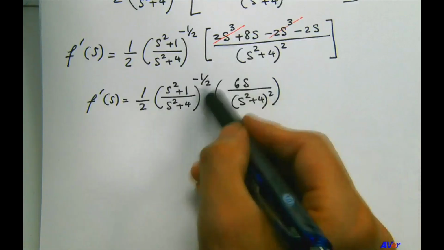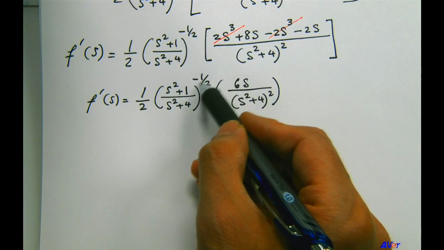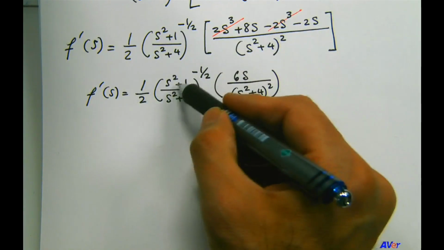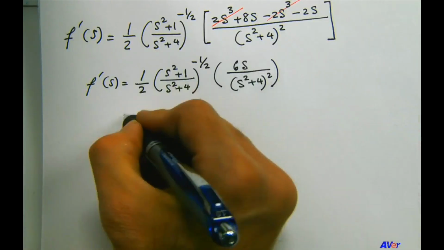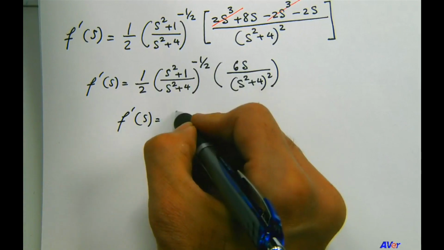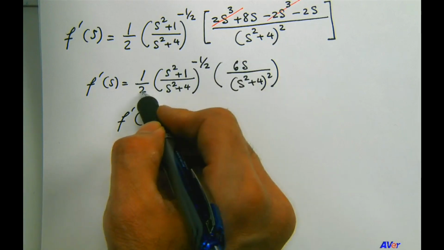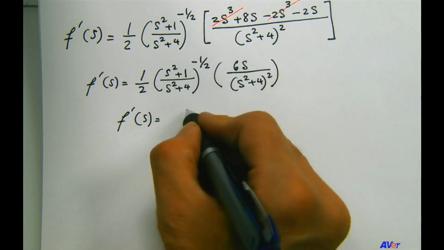Okay, so we can quickly change this to make this a positive power by inverting or flipping the inside fraction, right? Going back to the basic algebra that we did. So we have 6s. By the way, 6s divided by 2, that'll be 3s in the numerator, right? So let's also do that while we're at it.